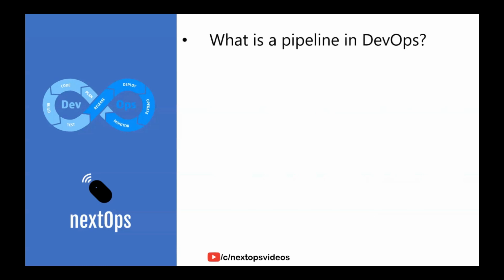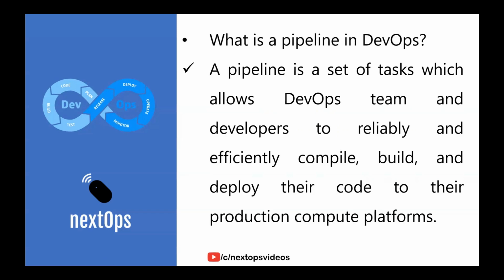And then, what is a pipeline in DevOps? In my opinion, a pipeline is a set of tasks, and these tasks are used to automate certain effort, like pushing the code back to repository or running the build process or deploying the artifact onto a particular environment.